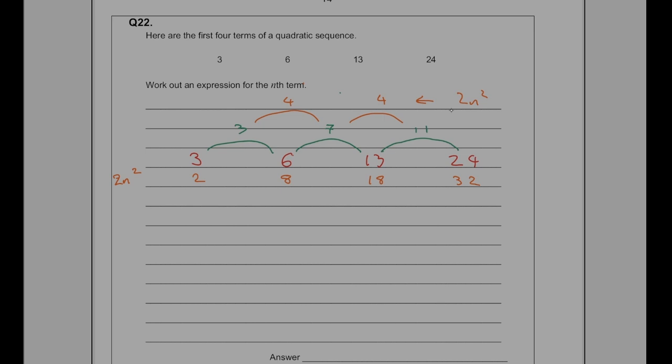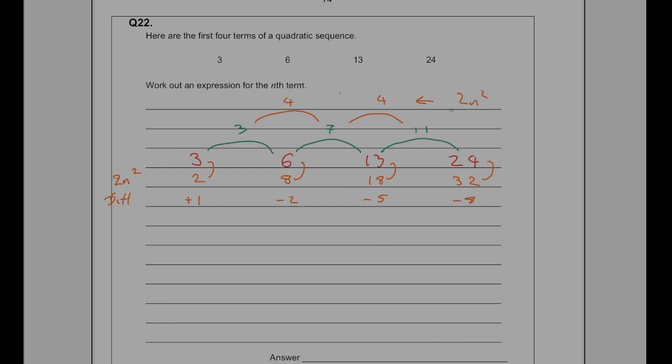So if I look at the differences, then, and I'm going to do it this way around, so the difference from there to there is plus 1. Difference from there to there is minus 2. Difference from there to there is minus 5. Difference from there to there is minus 8.